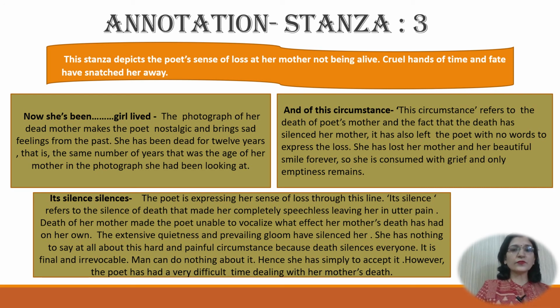The extensive quietness and prevailing gloom actually silence her. She has nothing to say at all about this hard and painful circumstance, because death silences everyone. Death is final and irrevocable. Man can do nothing about it. Hence, the poet has simply to accept it. However, the poet has had a very difficult time dealing with her mother's death.